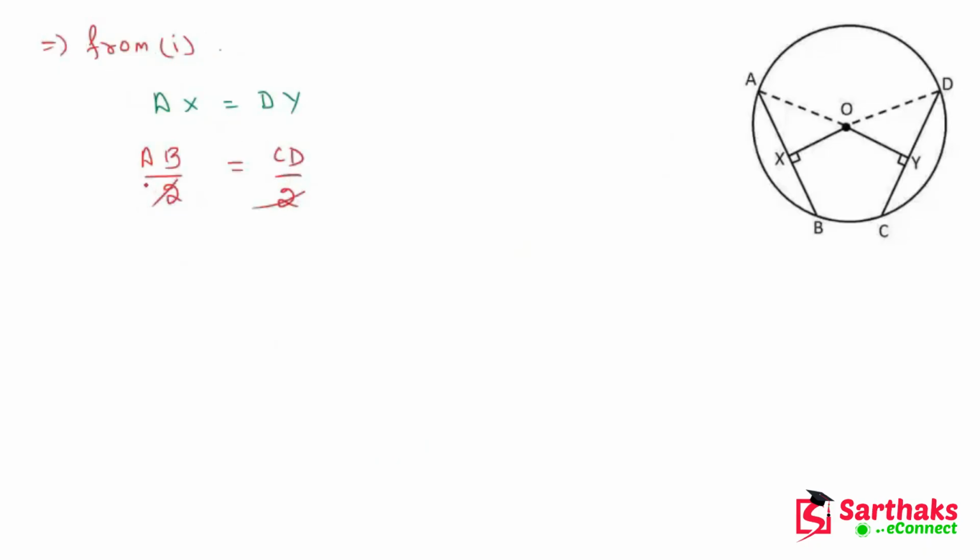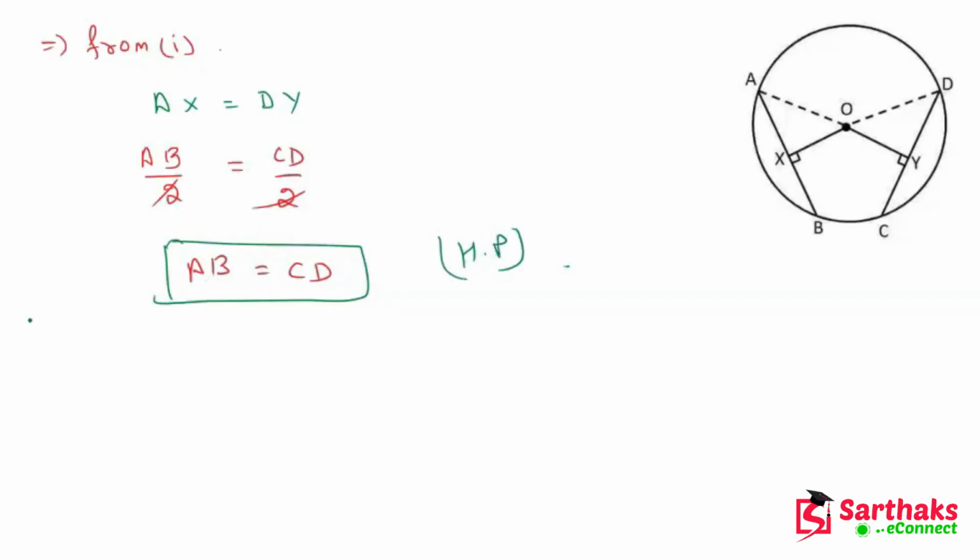This 2 and this 2 will be cancelled. So we get AB is equal to CD. Okay, so this is the required proof. So we can write hence proved. I hope, my dear friends, you understand these things.